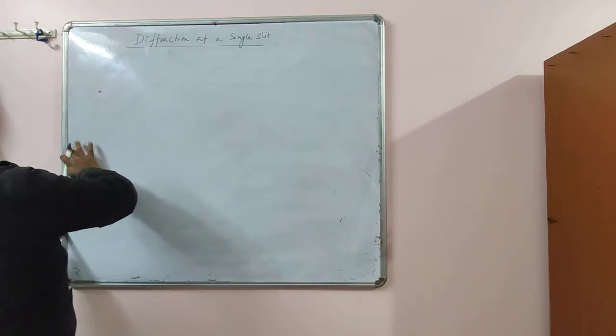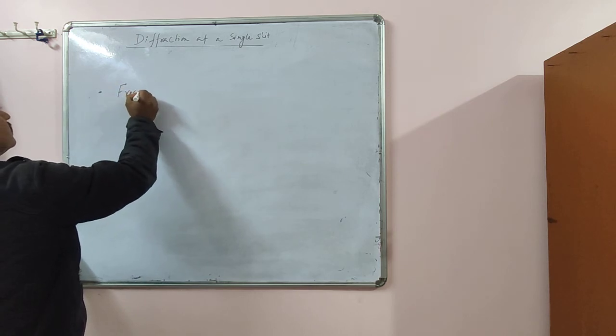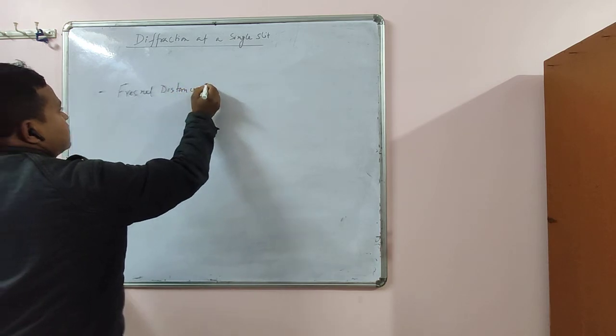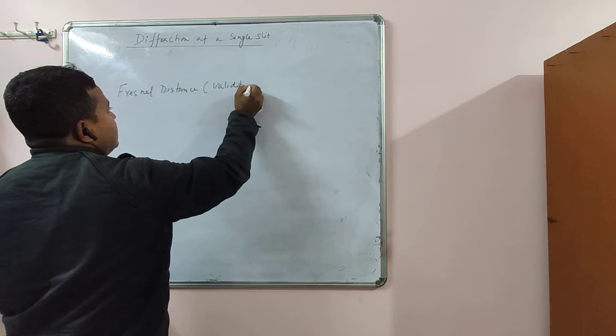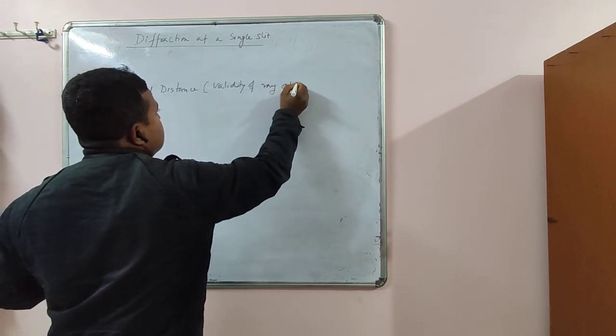Next is the Fresnel distance, that is the validity of ray optics.